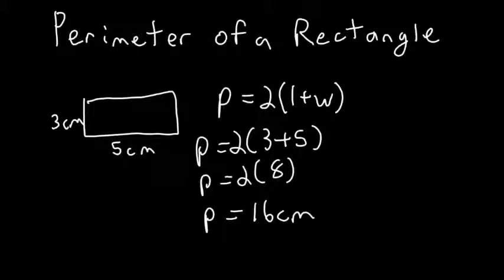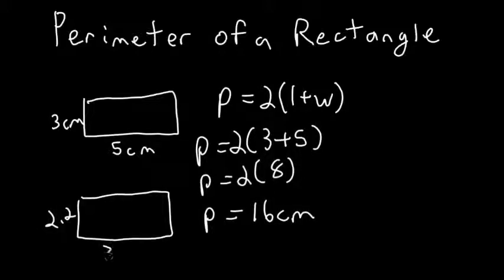So if we had another rectangle, just as another example, let's say our lengths are 2 2/10 and 3 6/10 centimeters. So same thing, perimeter equals 2 times length plus width.